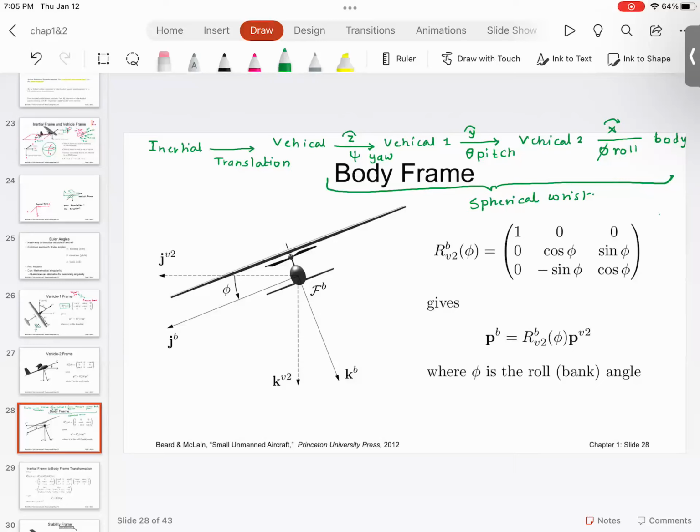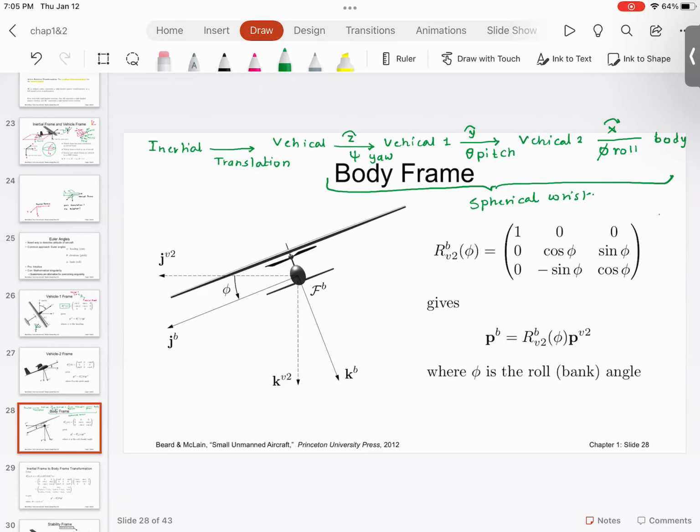Now, why is this so important? Because there is something called a strapdown inertial navigation system, which means a 3-axis accelerometer and 3-axis gyroscope.